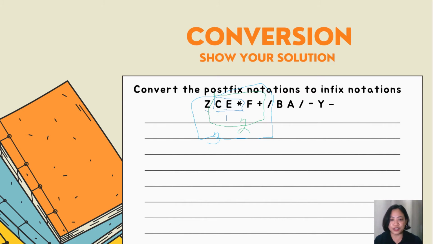Okay? Moving on, we have operand, operand, operator, si BA divide. So that would be our fourth expression. And then we have operand number 3, operand number 4, and then operator. So this will be our fifth expression.